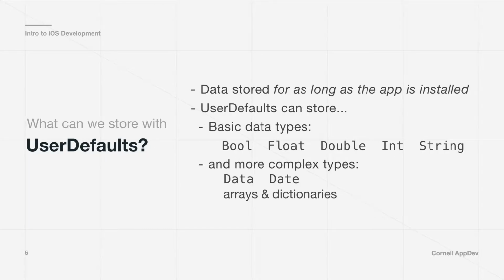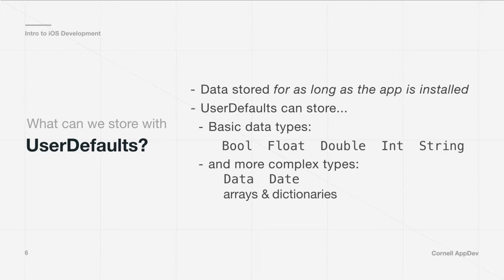And so what can we store with user defaults? Data is stored for as long as the app is installed. So if you open an app, you manipulate data where user defaults is updated, and then you completely close the app by double clicking on the home button and swiping up, and then you reopen the app, that data will persist.